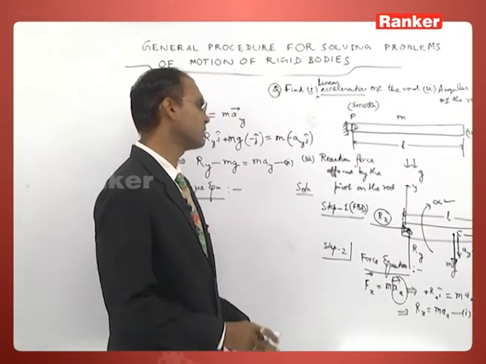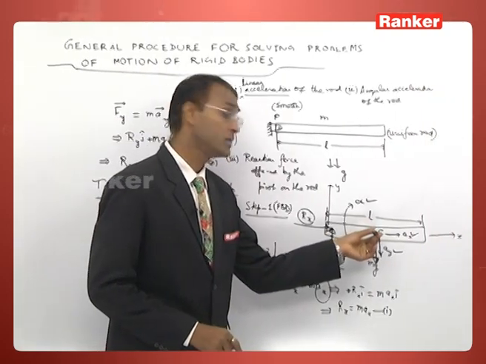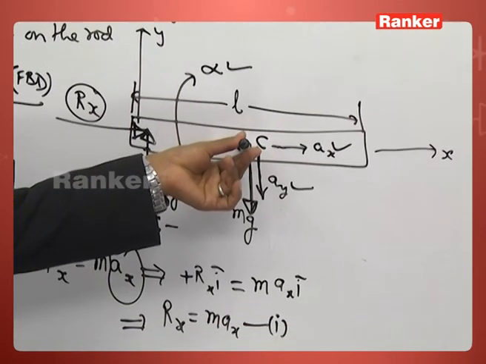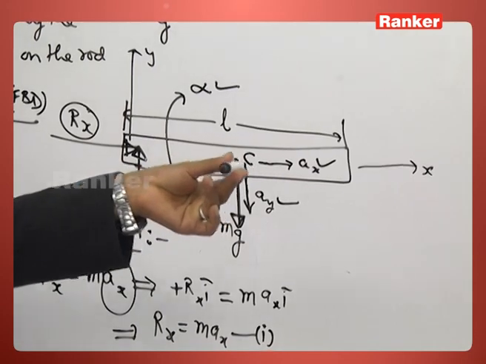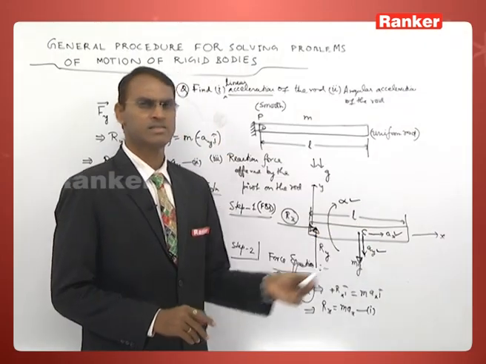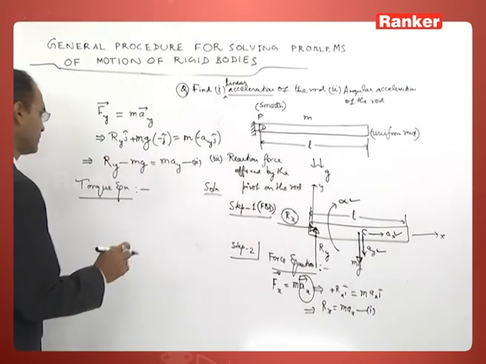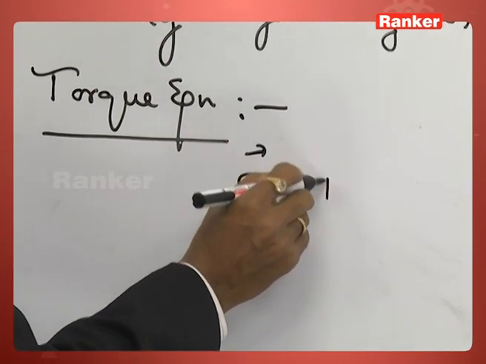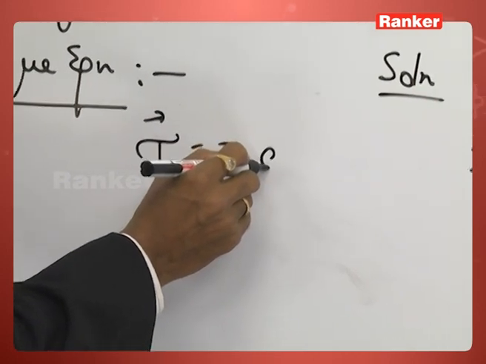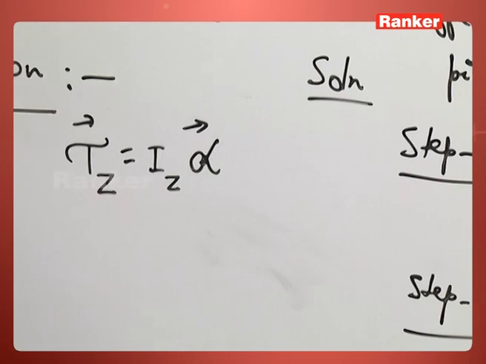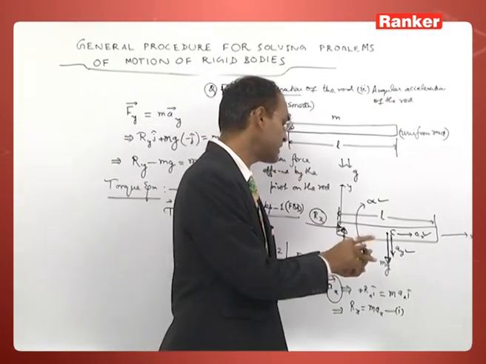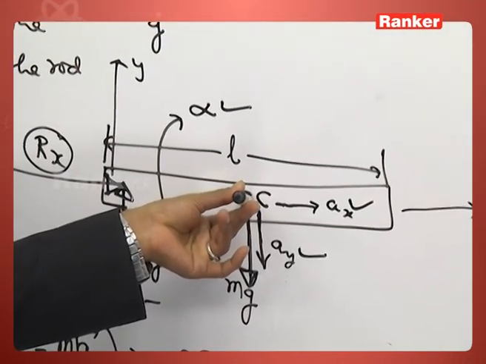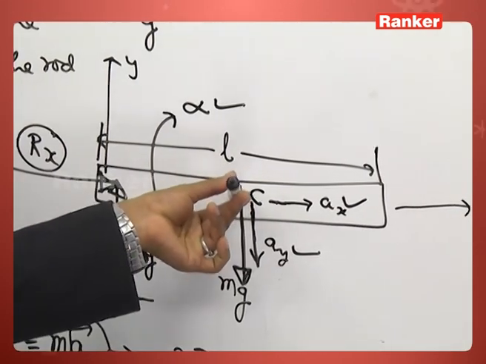You are writing the torque equation about the center of mass axis perpendicular to the board, about the z-axis, which states that tau z is equal to Iz into alpha about the center of mass axis, which is parallel to the z axis, or about this axis passing through the center of mass of the rod.